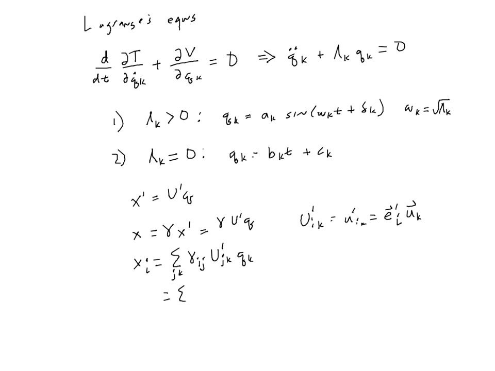And then this you can translate into the sum over k of 1 over square root of m i u prime ik qk, which is equal to the sum over k of u prime ik over square root of m i times ak sine of omega k t plus delta k.